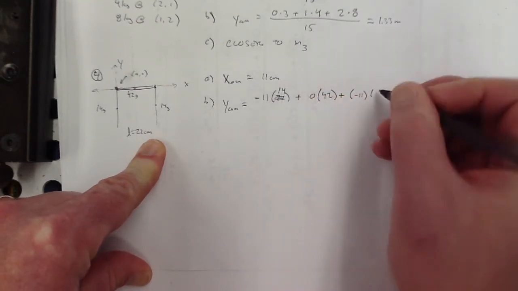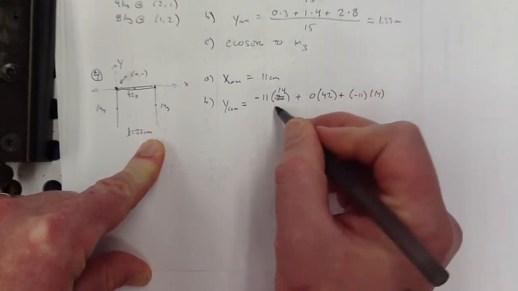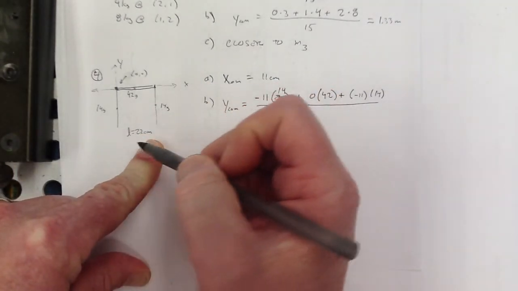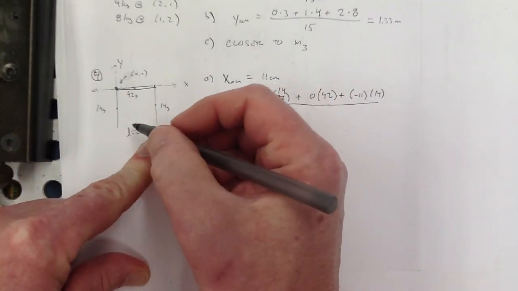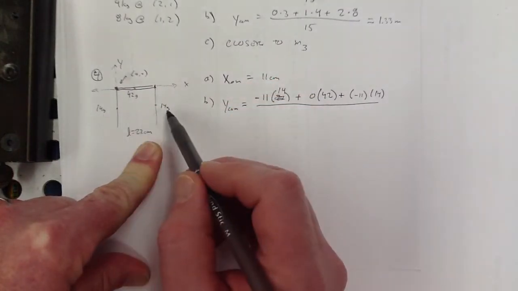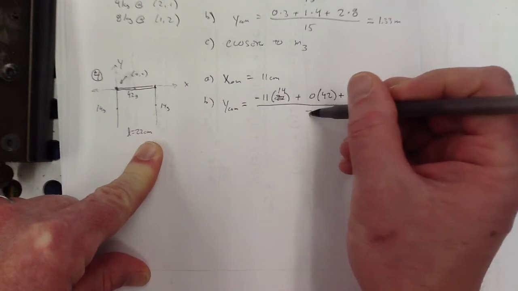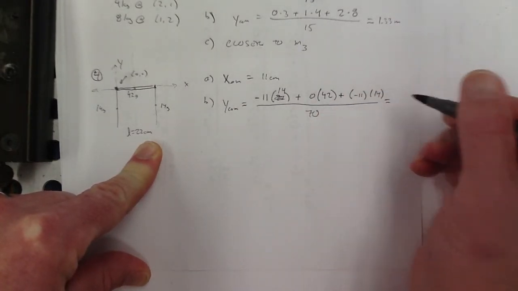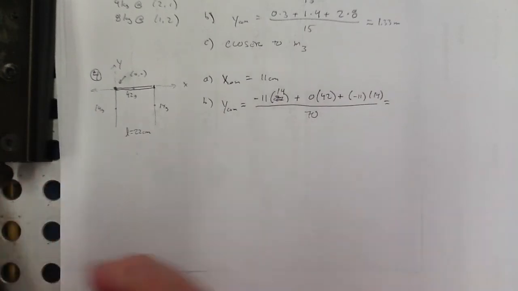Sorry. Divided by the total mass is, do I have those right? Is it 14 and 42? It is. So 14 and 14 is 28 and 42 is 70. So it looks like I got 2 of those. So I got negative 11, turn on calculator first, negative 11 each.